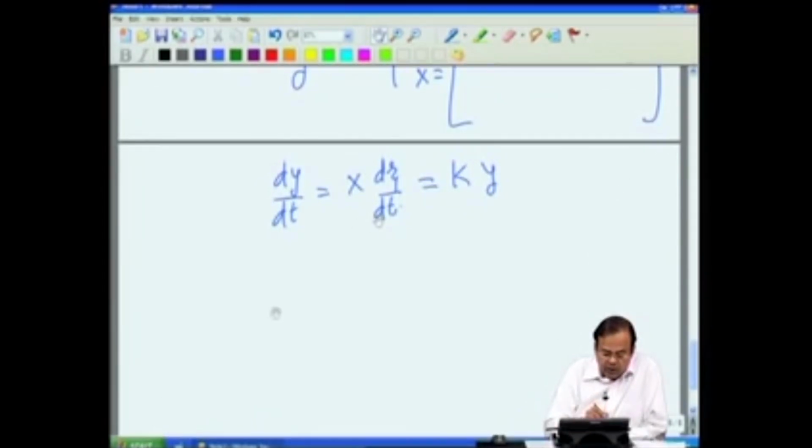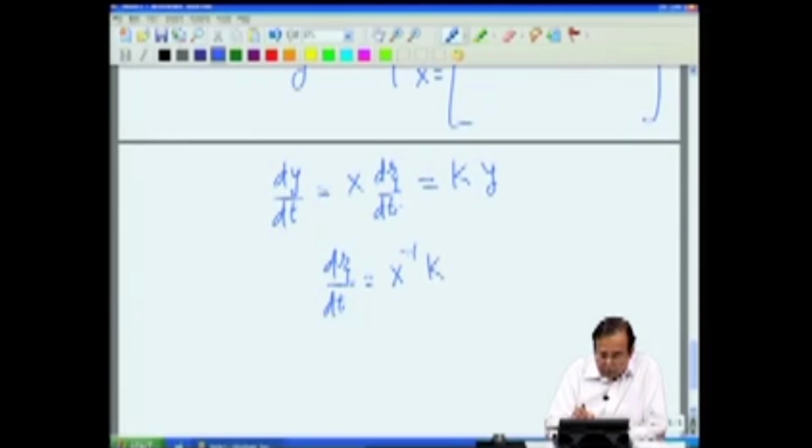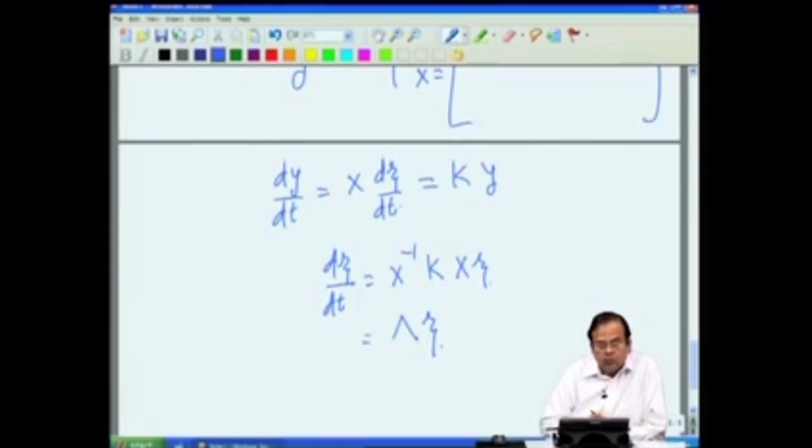From this relationship I can pre-multiply both sides by x inverse and I will get d zeta dt is x inverse K, and for y I am going to write x into zeta. So, the dynamics is now given by d zeta dt equal to lambda zeta, where lambda is x inverse K x.